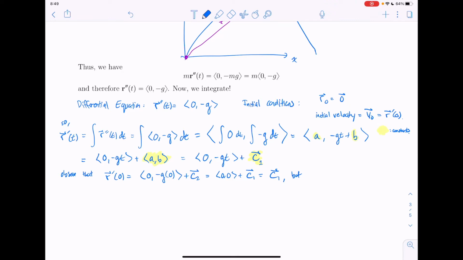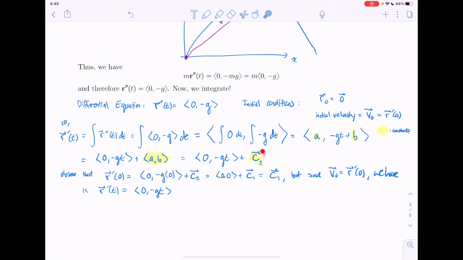So what we have is that since v naught is the assumed initial velocity, r prime of t now is given by the vector 0, negative gt.